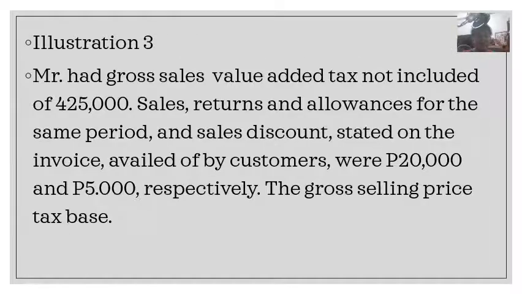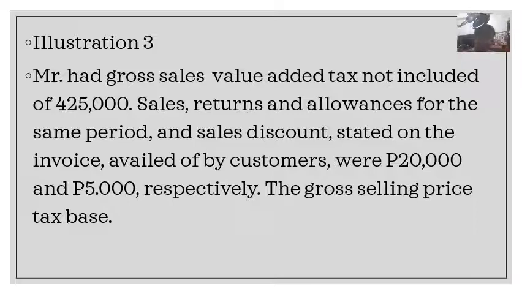Mr. D had a gross value added tax not included of 425,000. Sales returns and allowance for the same period and sales discount stated on the invoice availed of by the customer were 20,000 and 5,000 pesos respectively.